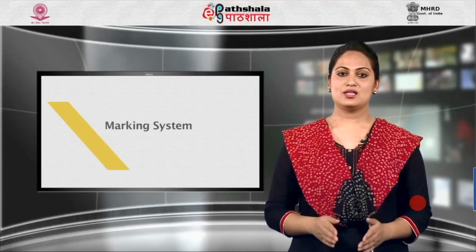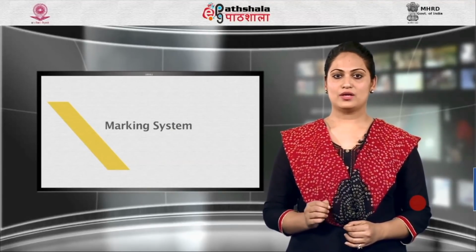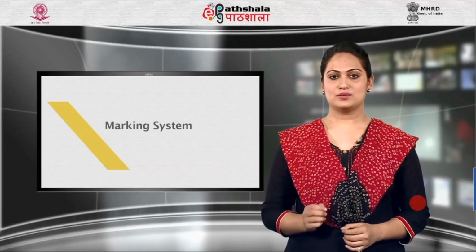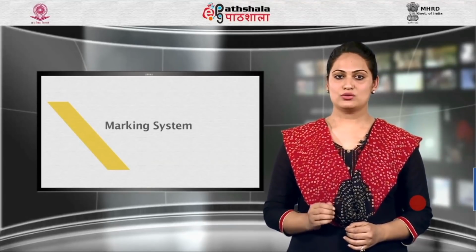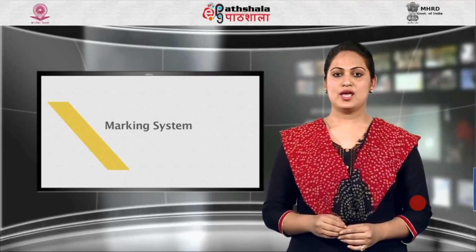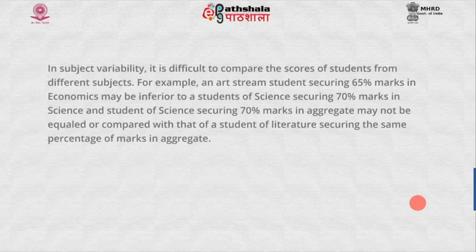But in the case of an essay type or open-ended question, it does not provide reliability as well as objectivity. There is no certain answer for awarding a particular score to all students, and this can always be questioned. In subject variability, it is difficult to compare the scores of students from different subjects.